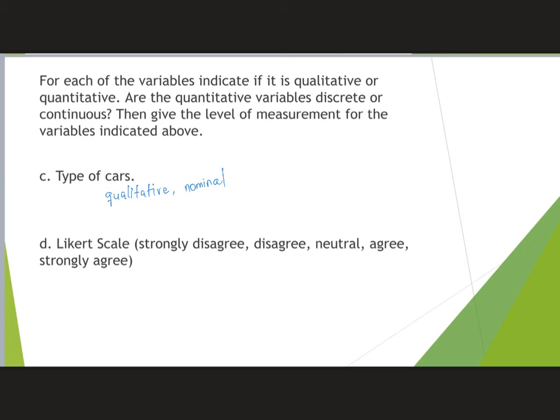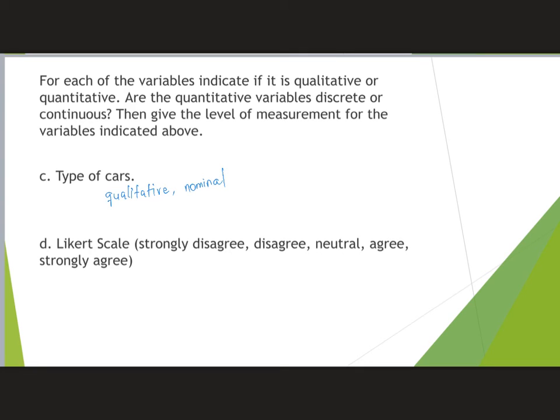What do I mean by order? The type of cars is not an ordered variable. We don't have a car which is classified as first or second, or the best car or the worst car. So type of cars has nominal as the level of measurement.